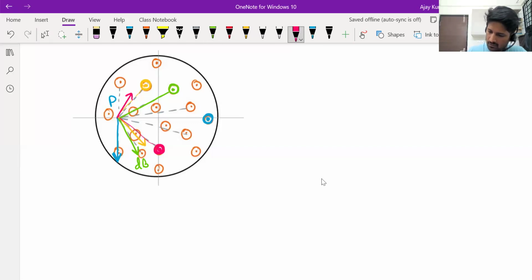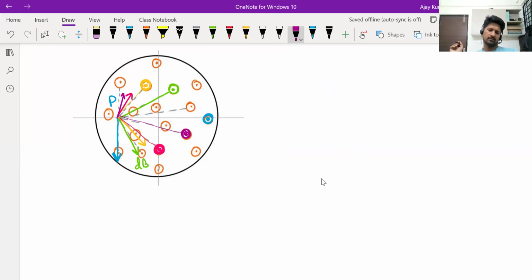Let's take one more, maybe in purple. It will produce a magnetic field this way. So you will get different fields in different directions.